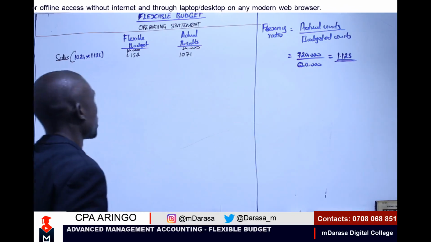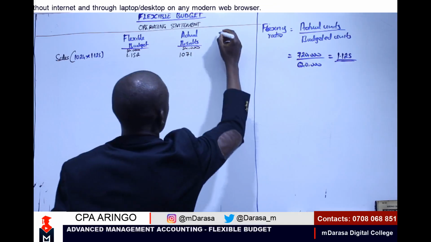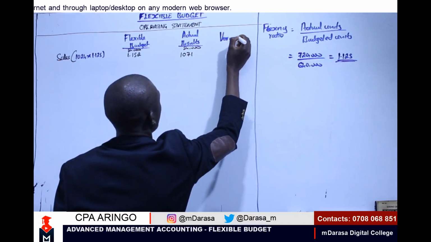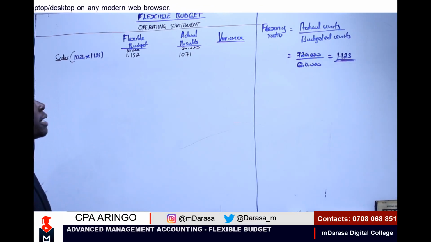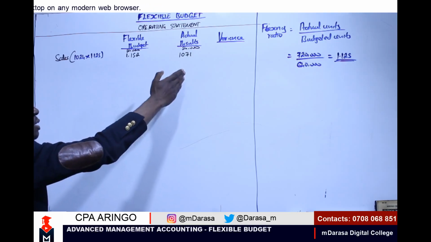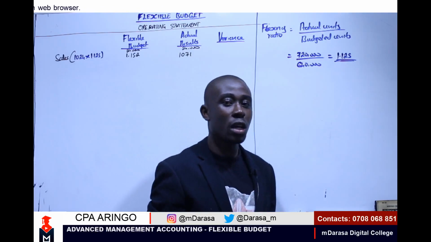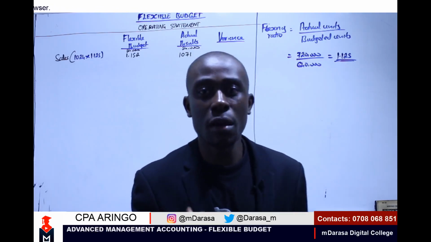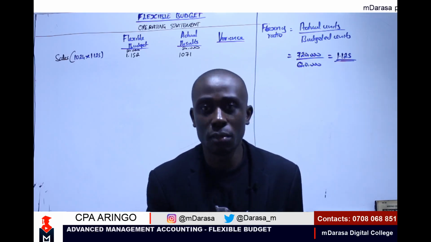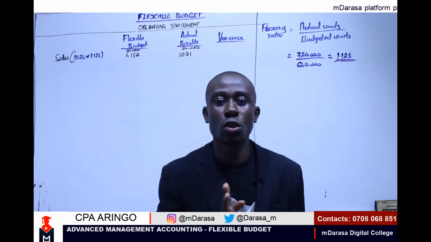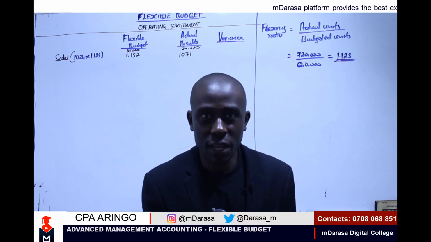Having that, you can at this point also determine our variance. The variance in this case, remember, I'm comparing the budget and the actual results, and we are talking of revenue. A good student by now who is doing advanced management accounting should know the different types of variances, and we'll always talk of favorable variance and adverse variance.